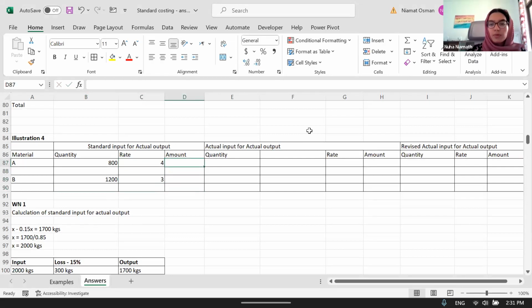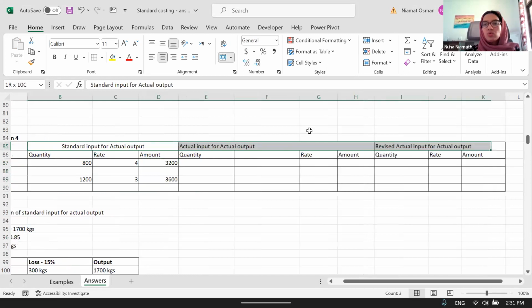So what is our total amount? 800 into 4, and 1200 into 3.